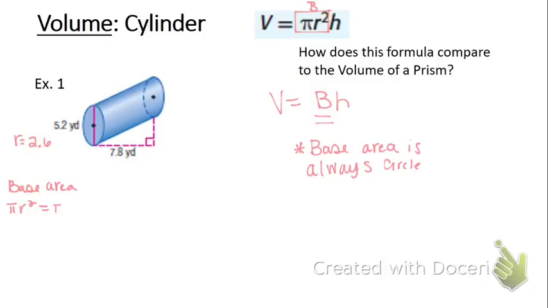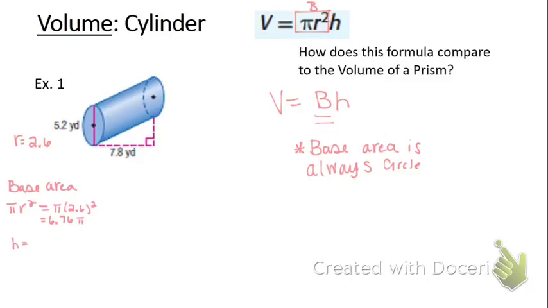Okay, so we have pi times 2.6 squared. What is 2.6 squared? 6.76. So 6.76 pi is what we have for our base area.